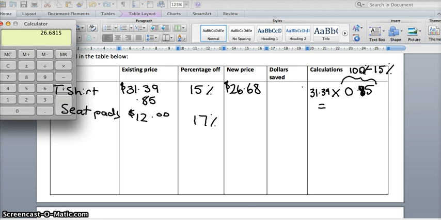Jazz, talk to me about the process I'd go through for this. 12 times the 0.17. What mistake is she making? You're nearly there. Caitlin? She forgot to do that 100. Sorry, take. It's meant to be.